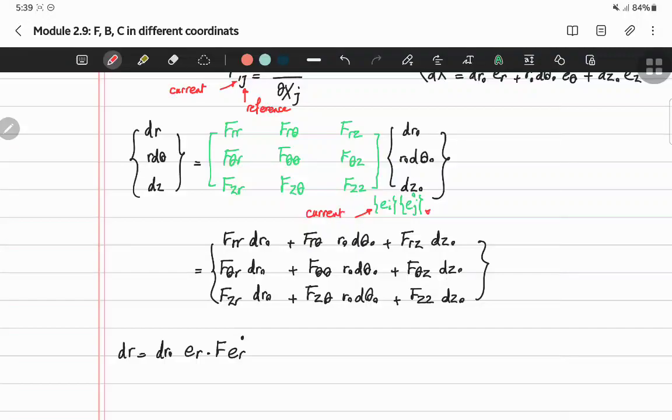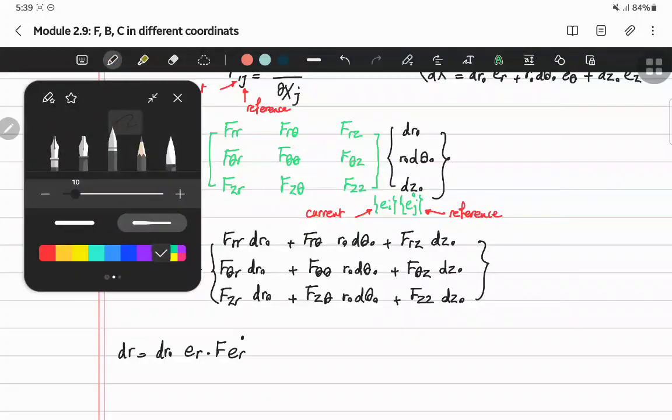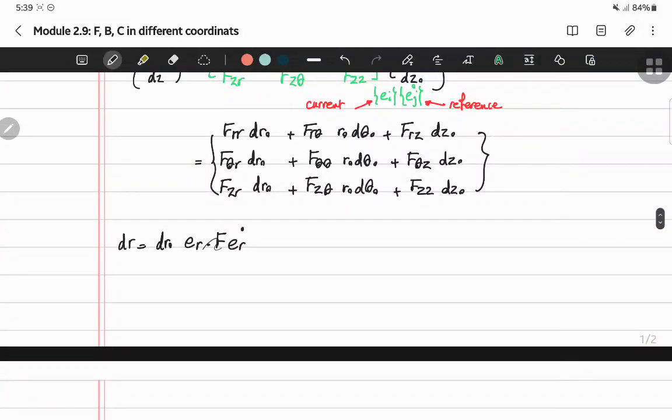So this is current, and this is the reference. All right, so I can write this as this.